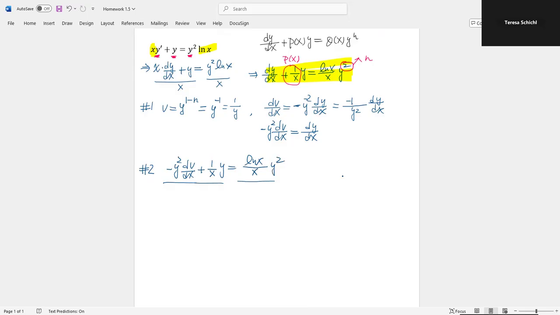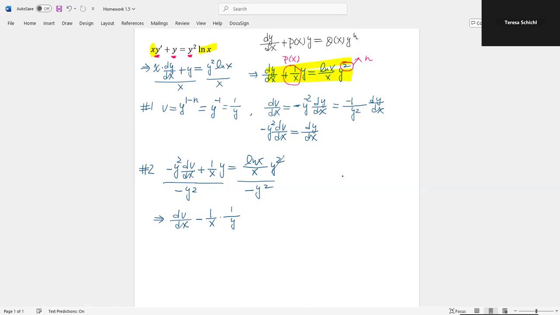On the left-hand side, the y squared cancels, so I have dv/dx, then 1 over x times y over y squared, so negative 1 over x times 1 over y, because y and y squared cancel.